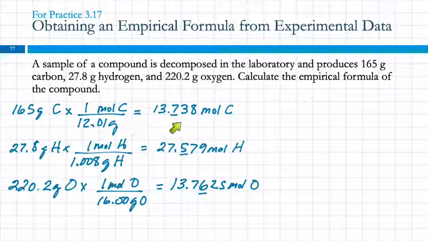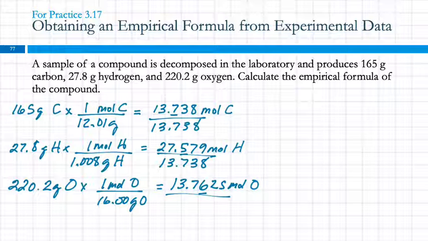So we could use these as subscripts in the formula, but they're not whole numbers. And we can't just round them to whole numbers. We're going to look at the ratio. And so we're going to pick the smallest of these, which is the 13.738, and we're going to divide everything by that. So obviously for the smallest that gets divided by itself, we're going to get 1.